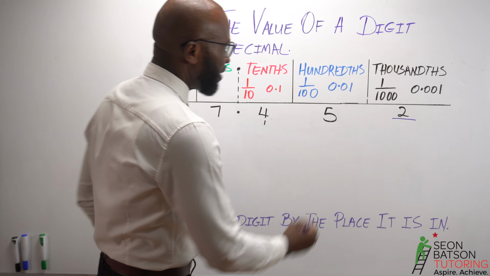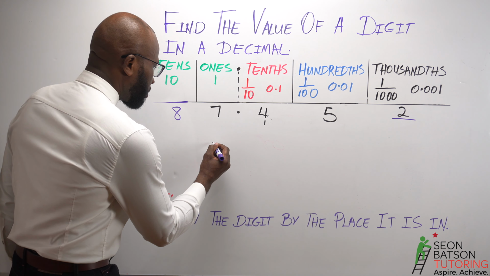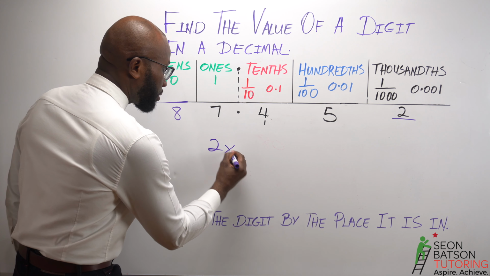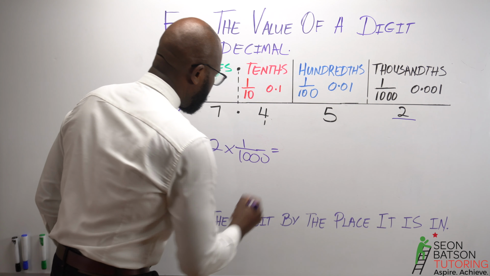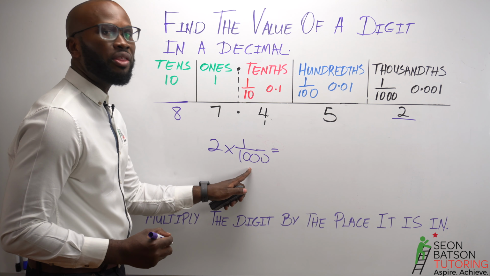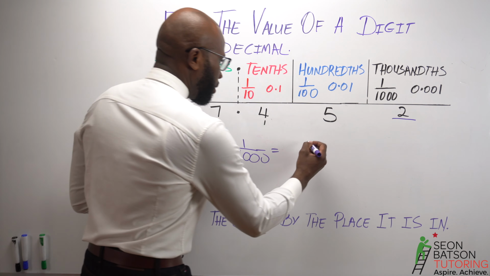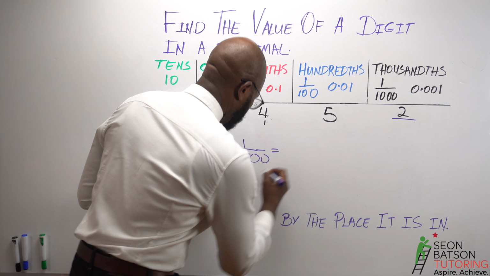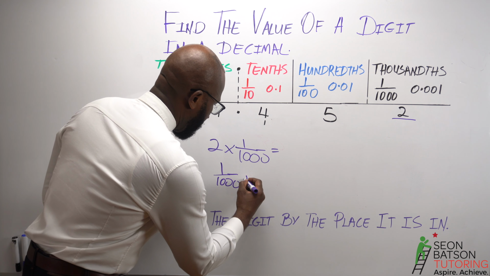So let's find the value of the 2. First, we will write it as a fraction. So let's do 2 times 1 over 1,000. And again, 2 times 1/1,000 simply means we have 2 1/1,000s. We have 1, we have 2.